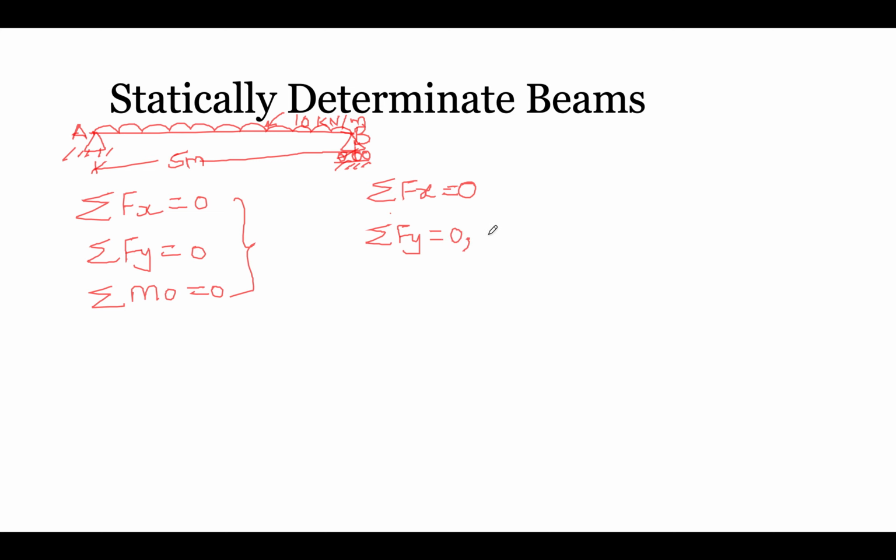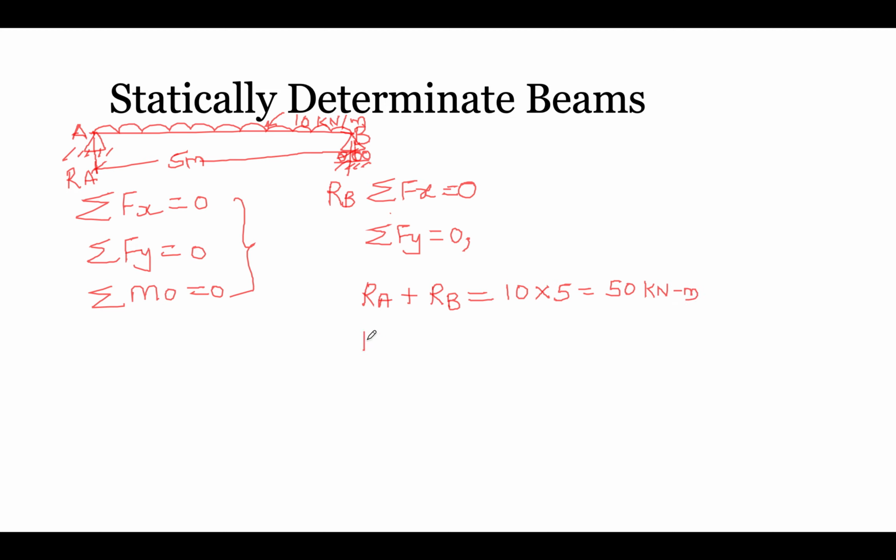So what is that? We can see the forces in vertical directions. This particular beam has support reaction Ra here and support reaction Rb here. So we can write the equation Ra plus Rb. This is going upward, so it is positive, and the UDL which is acting over here, we can write 10 into 5, because it is UDL load, it will become 50 kilonewton.